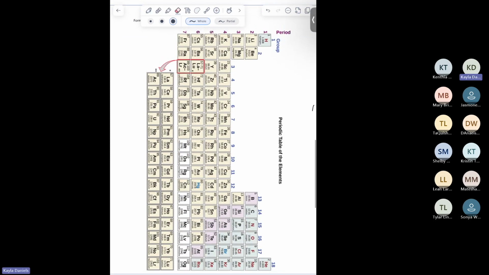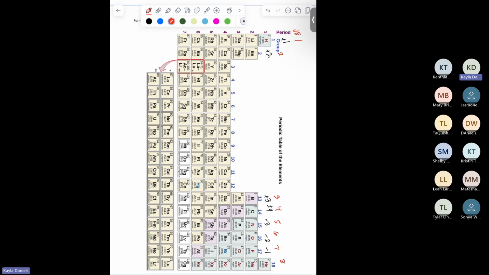So we have +1, +2, +3, ±4, -3, -1, -2. That's going to be our charges for building an ionic compound. We also have our valence electrons, which just goes 1, 2, skip a few, 3, 4, 5, 6, 7, 8. Okay, we don't need the valence electrons yet. I just did it while we were here.